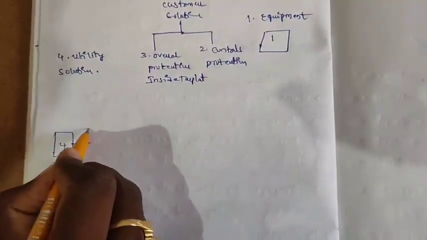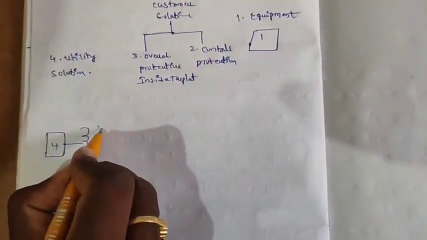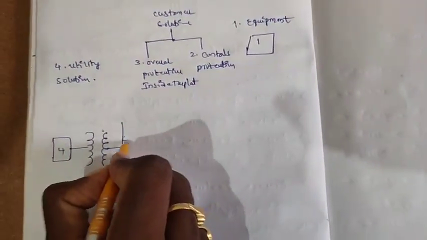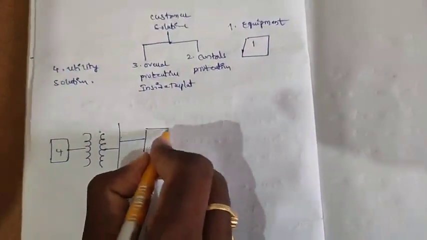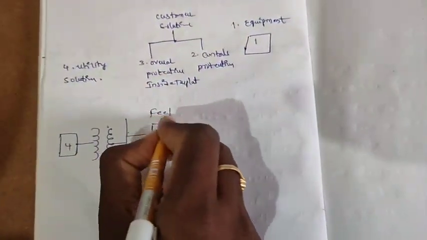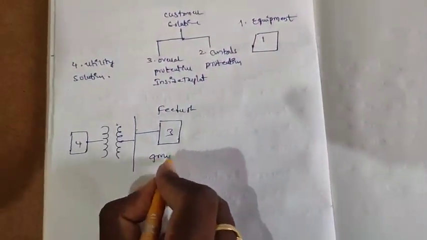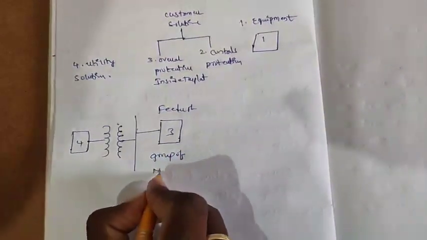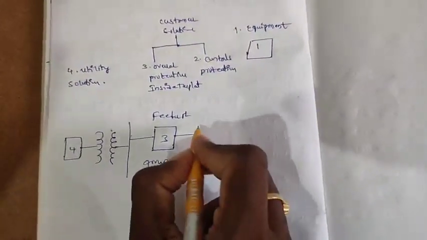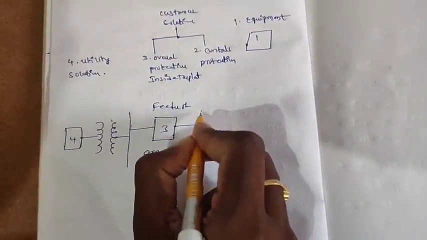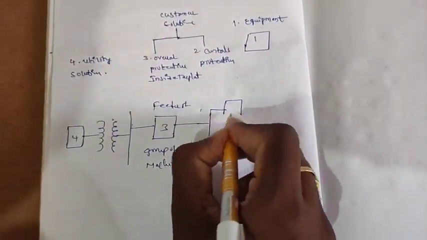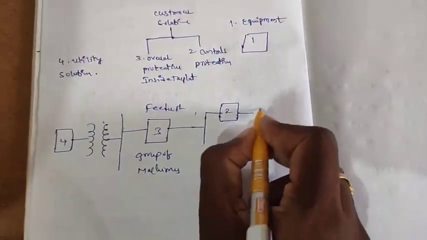So this is the utility system. Next we can consider the feeders, group of missions. The second thing is the controls.